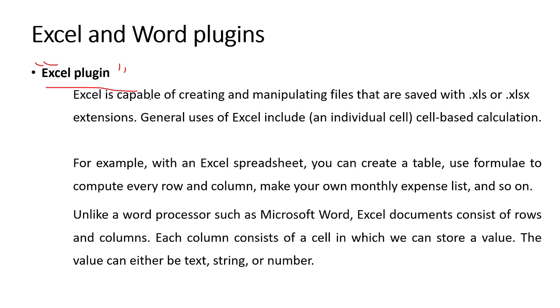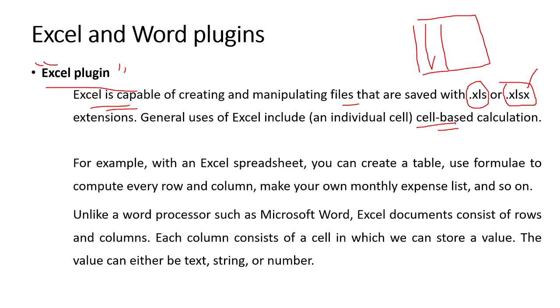I hope you have already used the Excel application, which usually creates files with .xls or .xlsx in higher or more recent versions of Excel. Usually Excel applications are cell based applications. You can create an Excel file which will have columns here and rows here. We call this one cell.